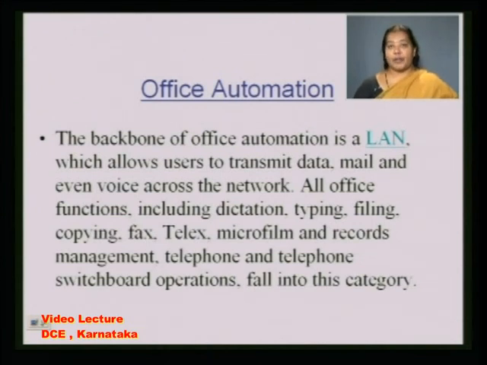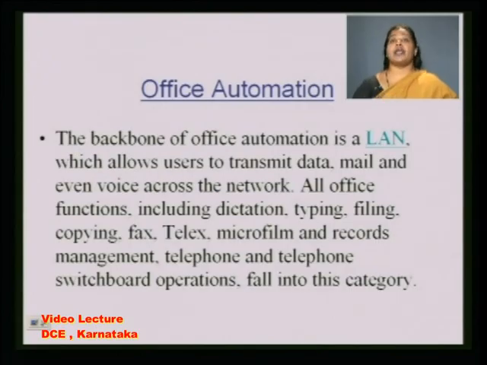What is office automation? Office automation means usage of computer and software to do what? To optimize, to get an optimized solution or to make the office automatic. Now how to make it so? What are the different office operations? You have operations like dictation, like somebody dictates and you take it down.